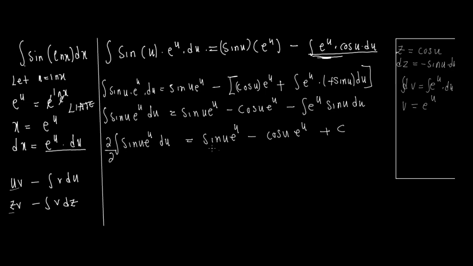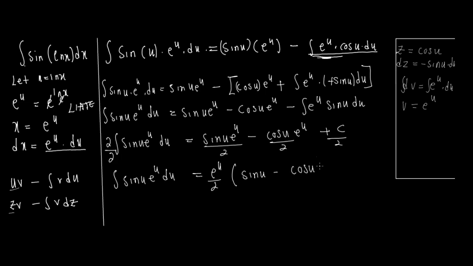So the integral of sine u e to the u du will be, and here you can see that we have a common factor e to the u over 2. So we're going to say e to the u over 2 times sine u minus cosine of u, and c over 2 is equal to c.